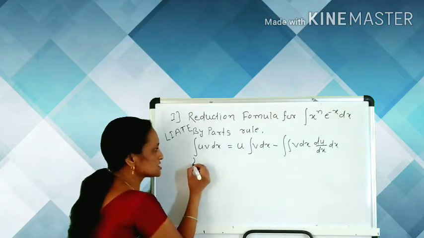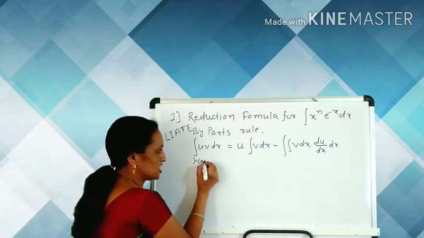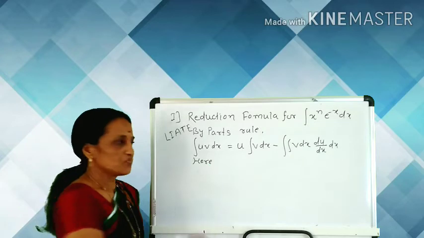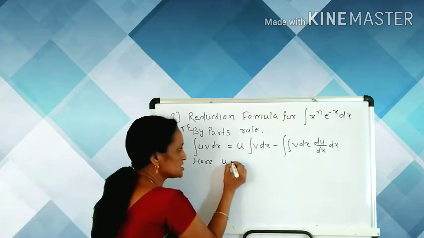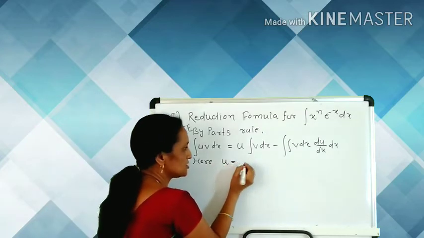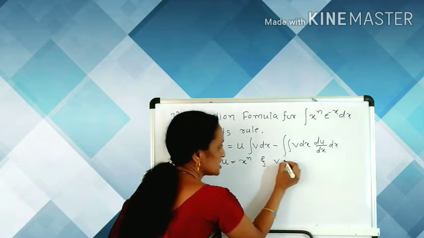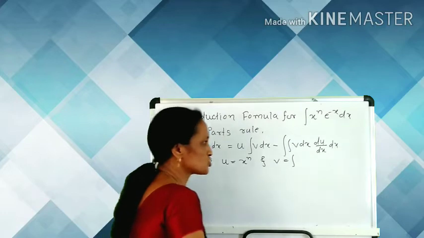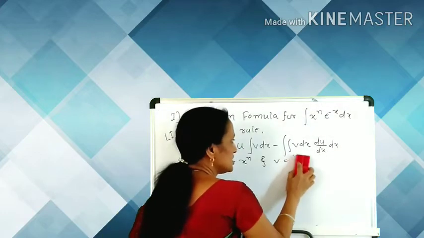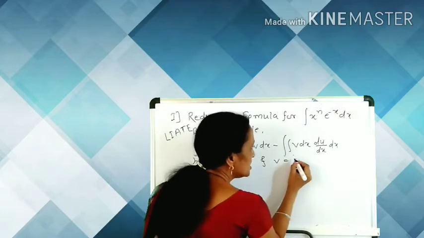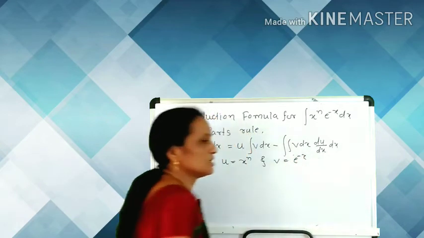Now in this case your choice is u is the algebraic function, means u is equal to x raised to n, and v is the exponential function, so we consider v is nothing but e raised to the minus x.